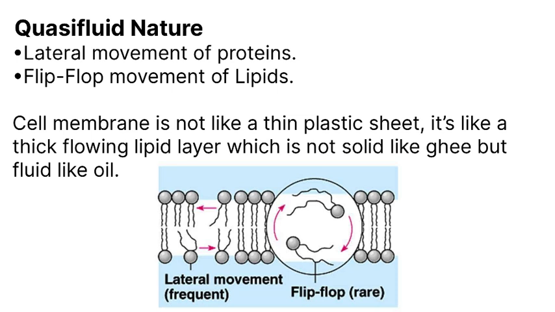Then we have another, flip-flop movement, which occurs rarely, where the lipids move from one layer to the opposite layer, where they spin around their own axis at a 360-degree angle, and their rate is low as compared to lateral movements. They are considered rare because of their hydrophilic heads, which have to pass through the hydrophobic core, which is energy demanding.